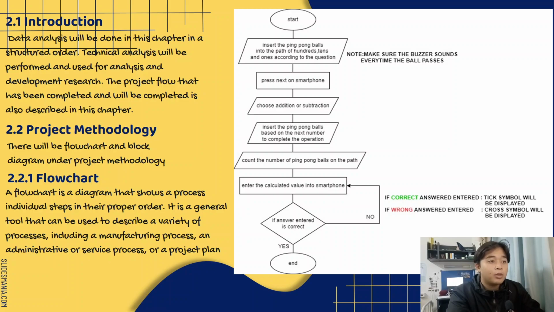Then count the number of ping pong balls on the path, and then enter the calculated value into the smartphone. Then the condition: if the answer entered is correct, go to yes, and if not, go to no. It will repeat to enter the calculated value into the smartphone.